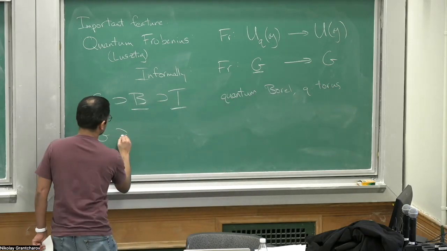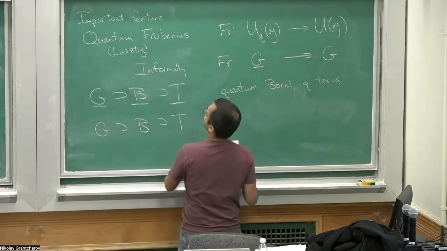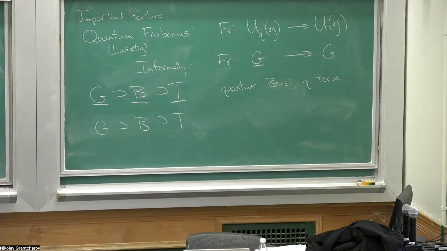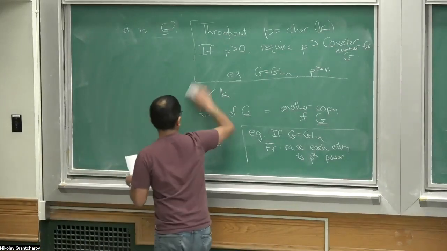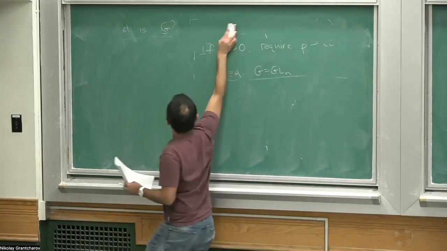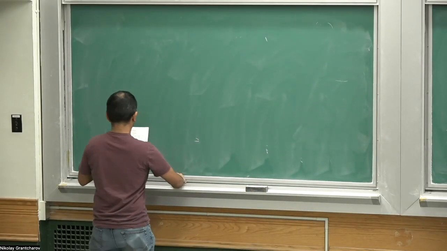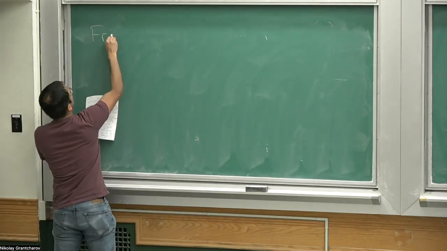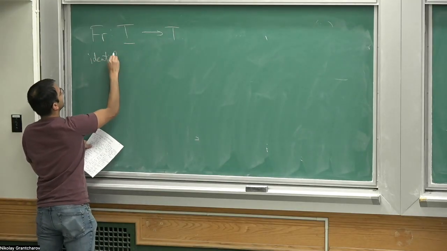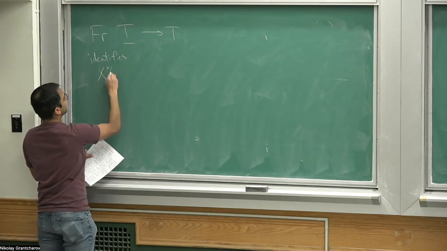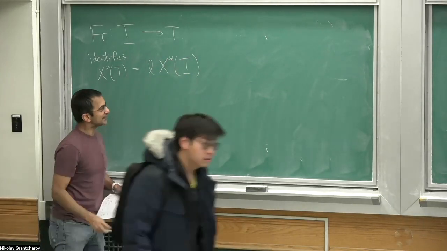And I also have the honest algebraic groups G, B, and T. So the quantum Frobenius for the torus goes from T underline to T, and it identifies characters of the torus with L times the character lattice for the quantum torus.